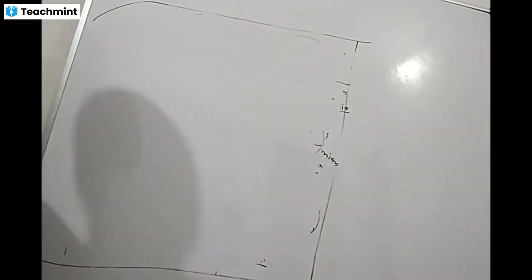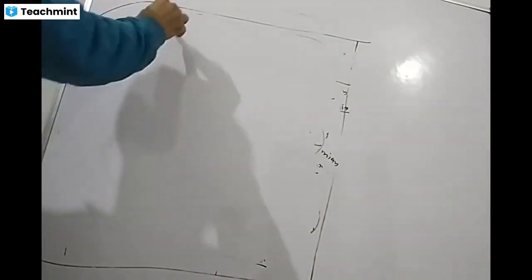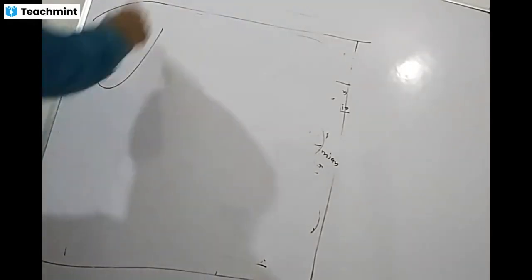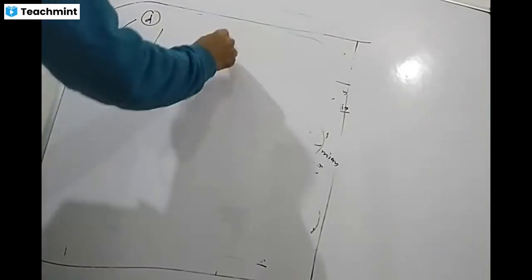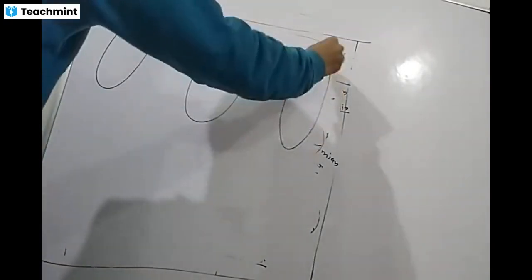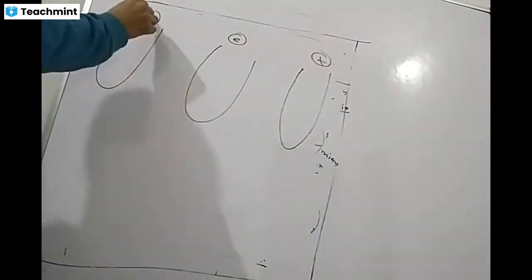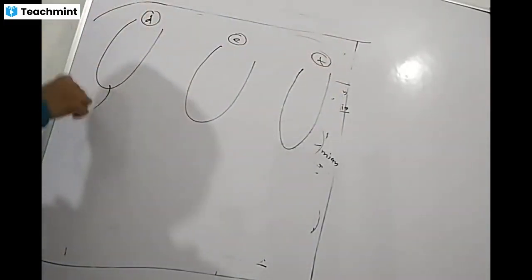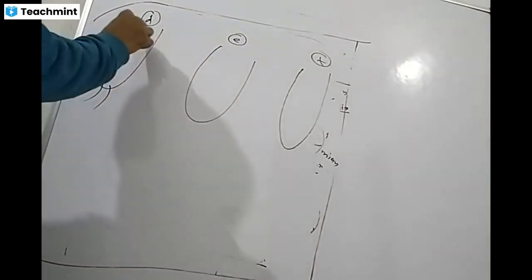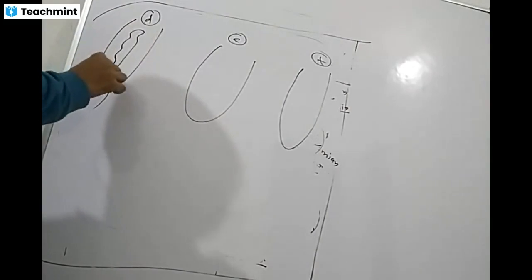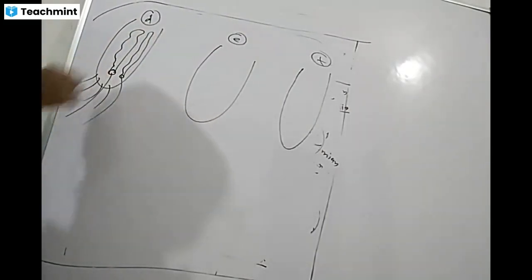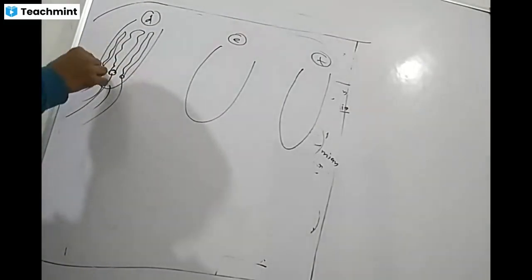So if we summarize the three, this is distichiasis, this is ectopic cilia, and this is trichiasis. In distichiasis, that was the normal row, but at the opening of these glands, you have one, two, suppose one more gland, and three.